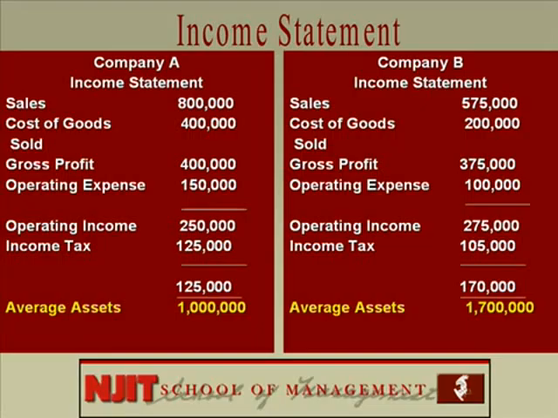There's also asset information from the balance sheet giving you the company's average assets. The average assets for company A is $1 million, and the average assets, that's plant and machinery, for company B is $1,700,000.